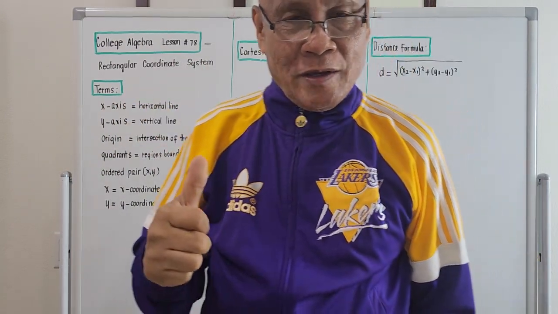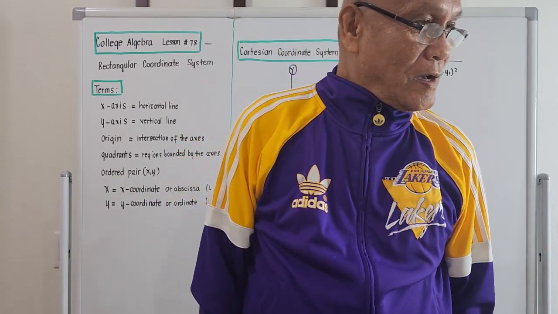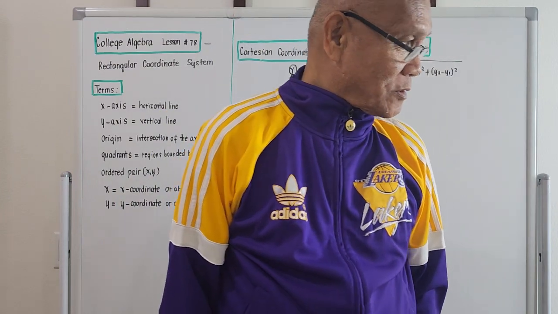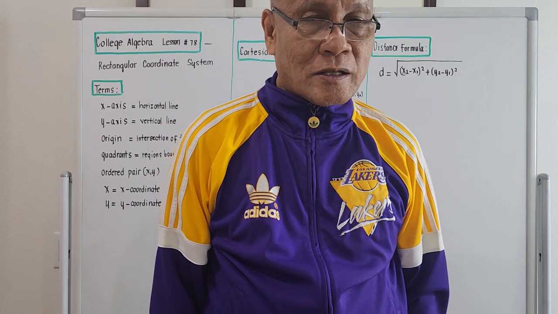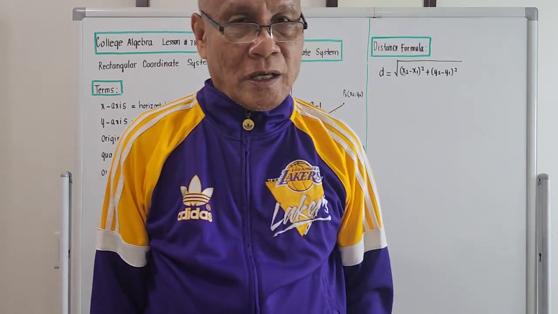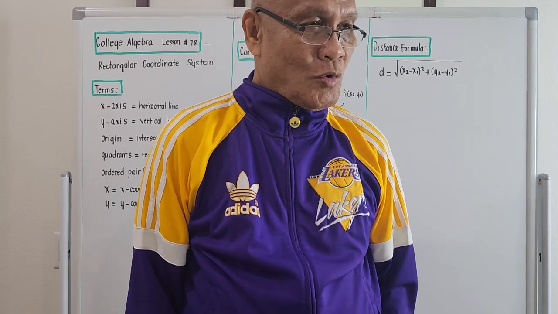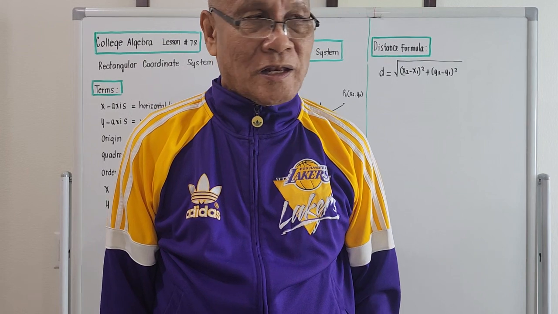system, or the so-called Cartesian coordinate system. I was a little bit hesitant to include this one under college algebra because the Cartesian coordinate system is actually a topic under analytic geometry. And when I took up my engineering, we didn't include the Cartesian coordinate system in college algebra.